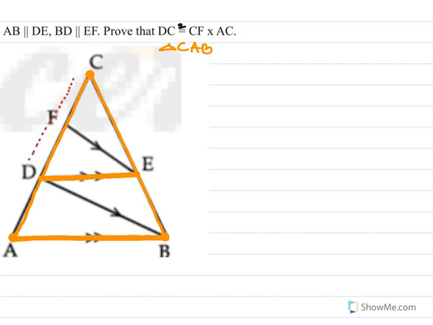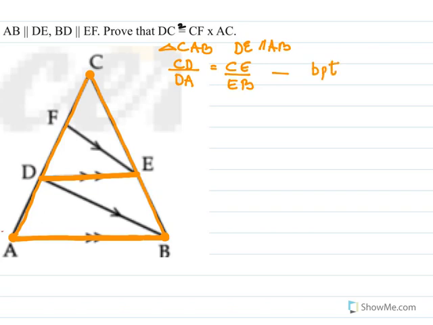CD over DA will be equal to CE over EB. So DE parallel to AB, therefore I can write CD over DA equal to CE over EB, and this is by BPT.